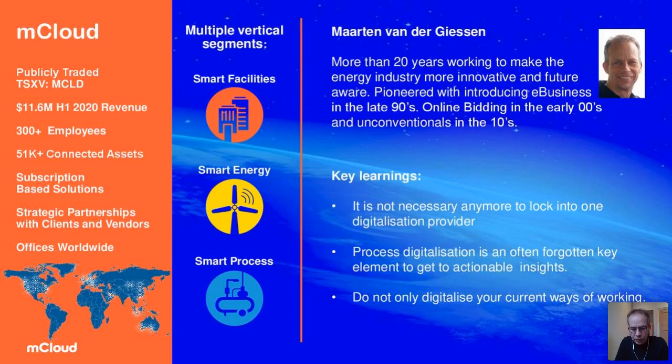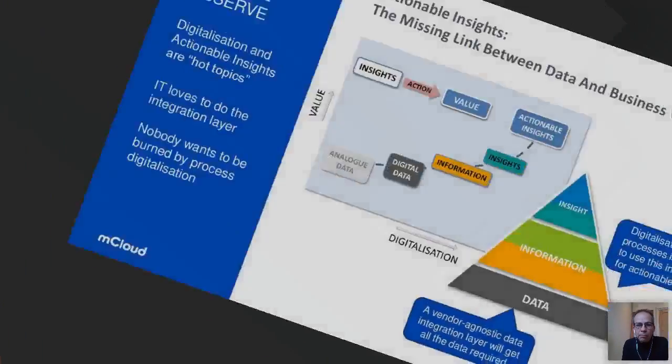Another thing is that process digitalization is often forgotten, but is key to get to actionable insights. And the last, but not the least, when you digitalize, don't only look at your current ways of working, but look at how you can really optimize the chain and how you can integrate stuff across the chain. So let me give you a couple of examples of that.